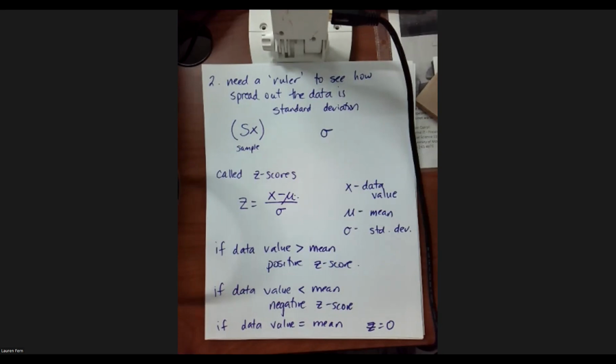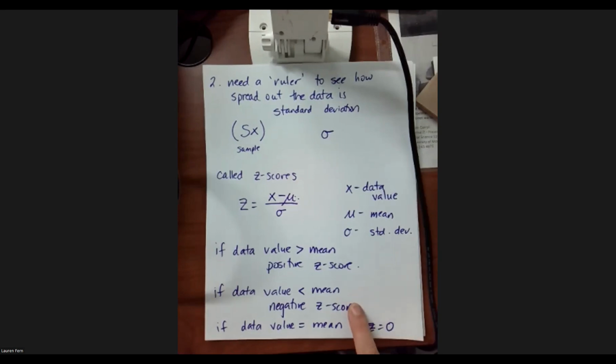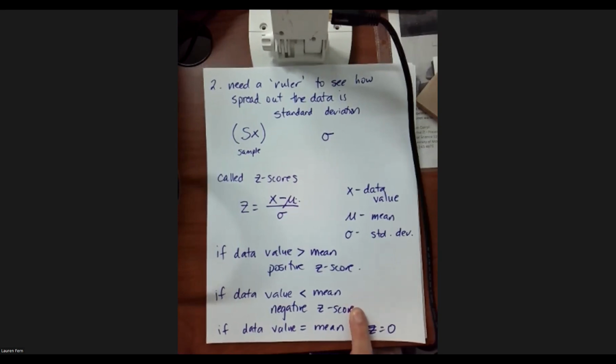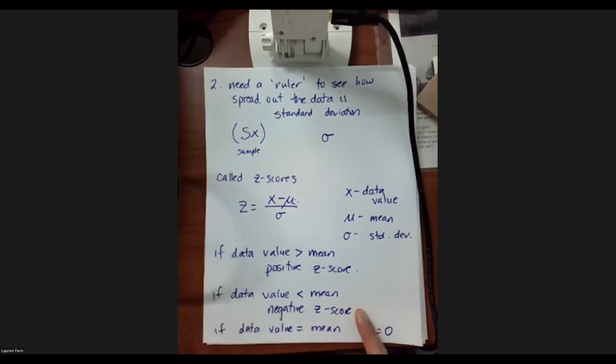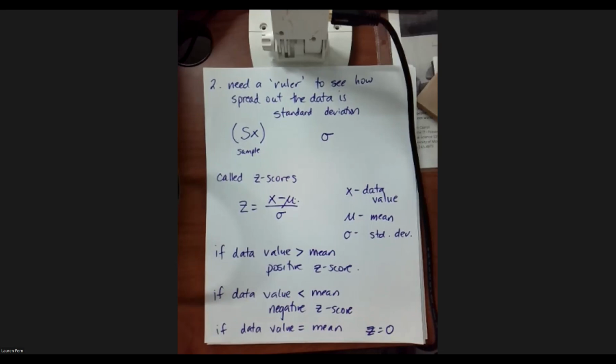Now we're going to see that there's certain circumstances where having a negative z-score is awesome. Okay? Two things that come to mind immediately are if you're running a race, don't you want a faster time? Okay. In other words, you want your time to be less than the average.